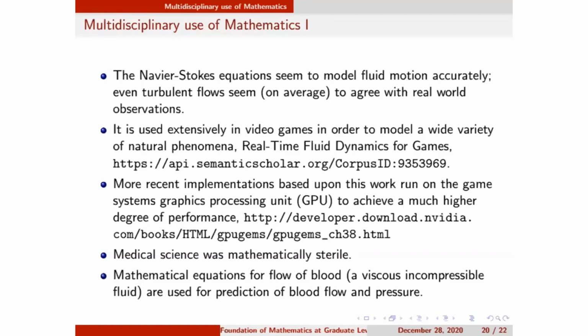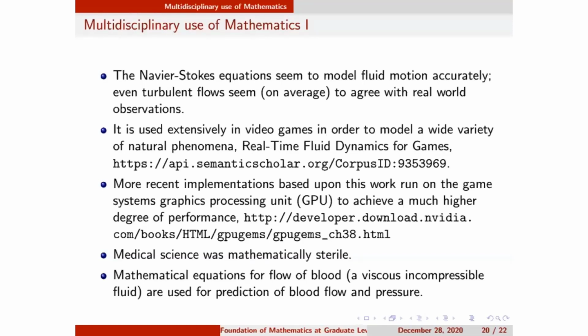It was a highly cited article where he used a stable fluid simulation method coupled with the unconditionally stable semi-Lagrangian method using the Navier-Stokes equation. So he used the Navier-Stokes equation in developing video games.